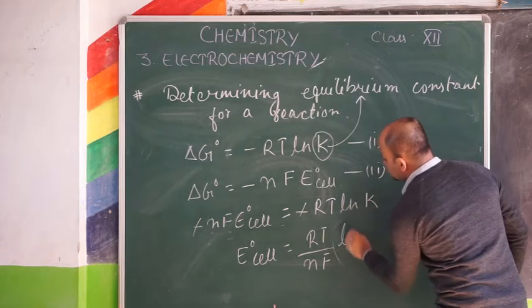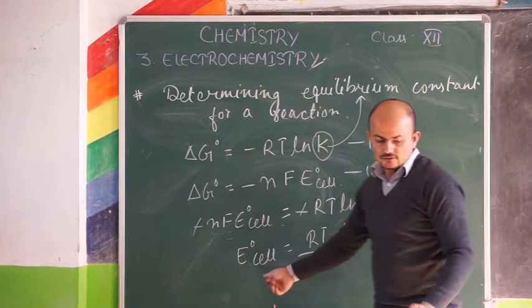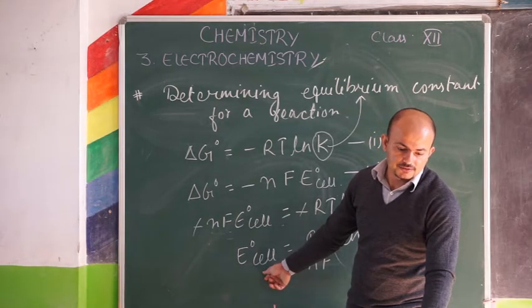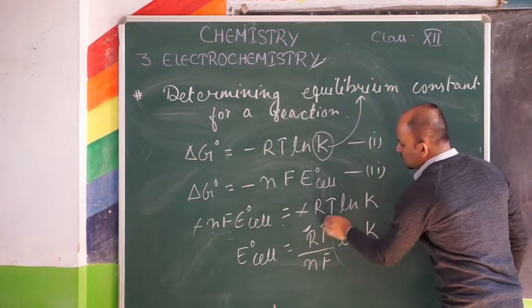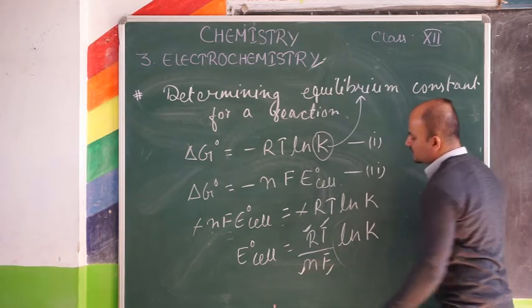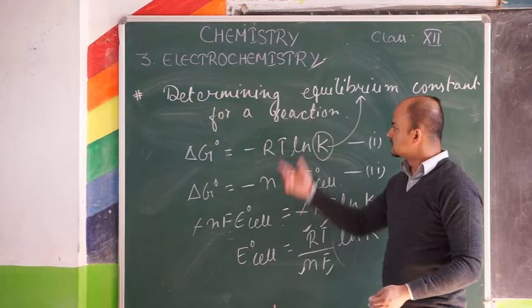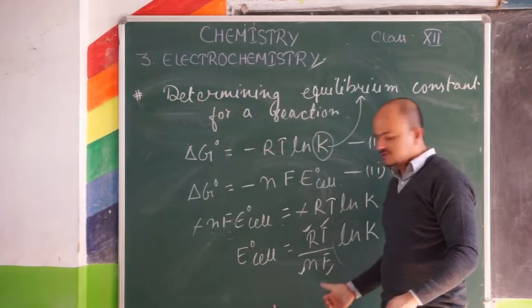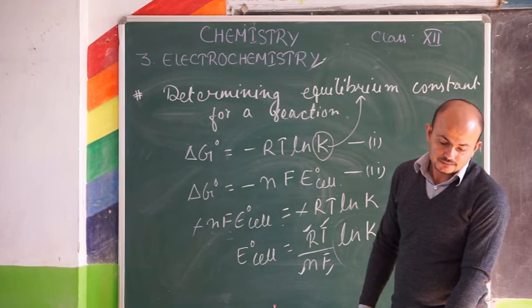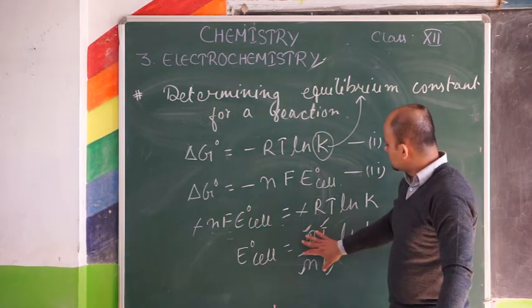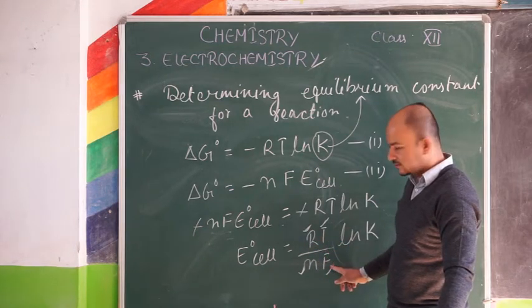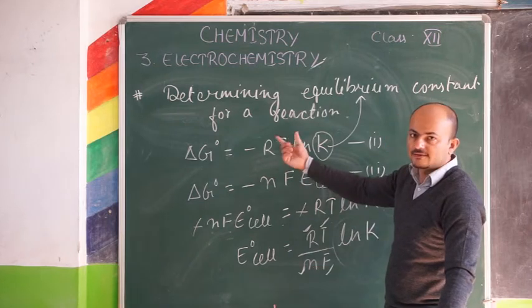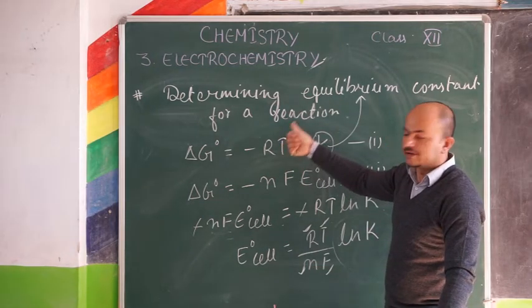Now, knowing the value of E naught of the cell, we can calculate. These are all constants, and this n is the number of electrons being transferred in this redox reaction. F is the Faraday. R, T, F are constant values, and n depends upon the number of electrons transferred in the redox reaction.